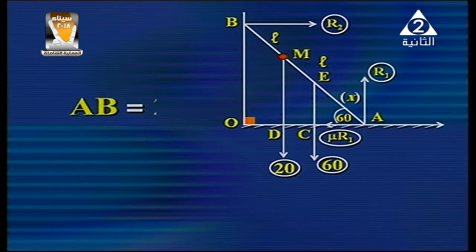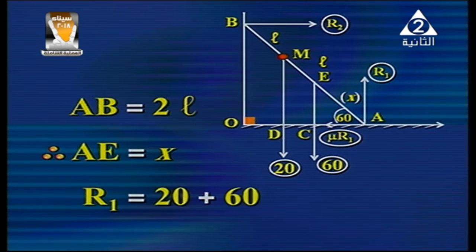Look at, dear student, we suppose the length of AB equals L. Then AE equals x. By finding the equations of equilibrium, the first equation, in the x-axis equals 0: R1 equals 20 plus 60 equals 80.